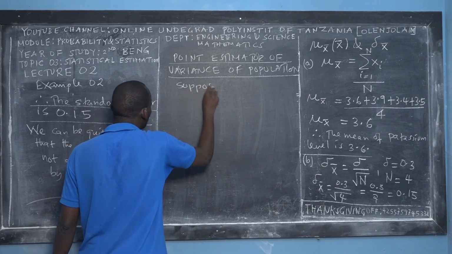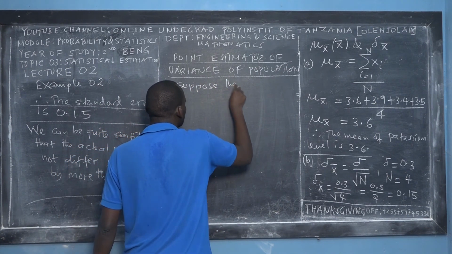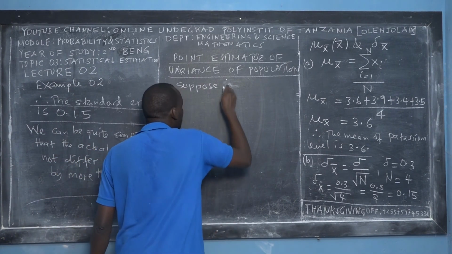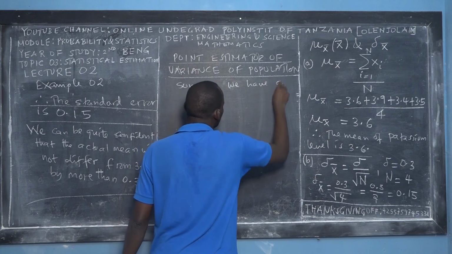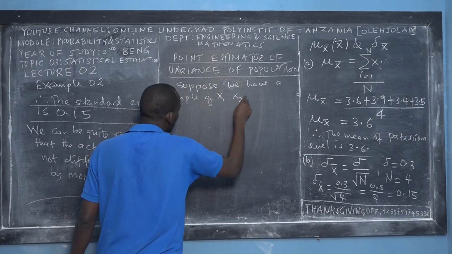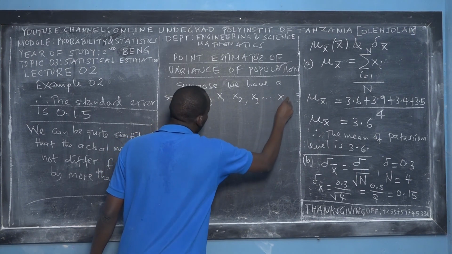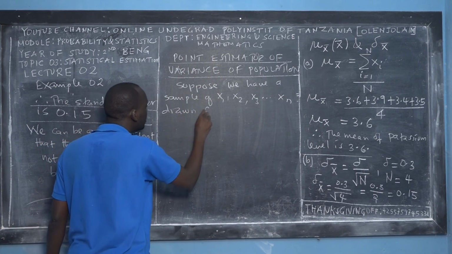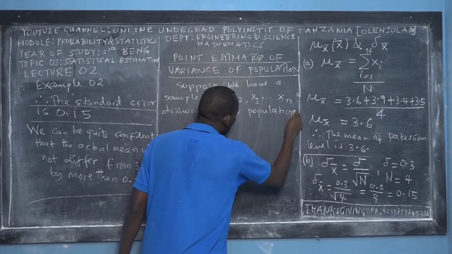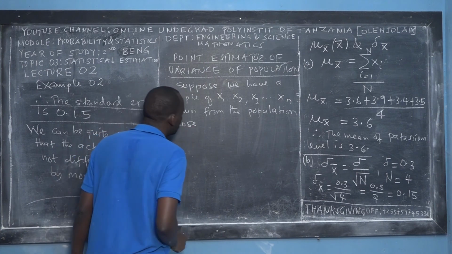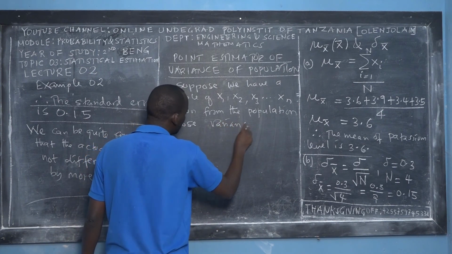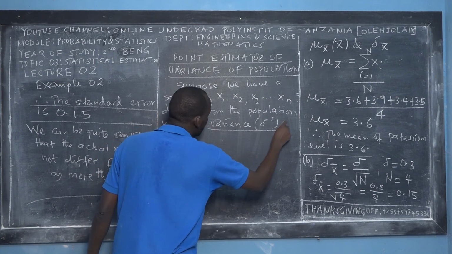Suppose, so let me teach you the concept first, the derivation of the formula. Suppose that we have a sample x1, x2, x3, xn, drawn from the population, from the population whose variance, which is this denotation, is what?